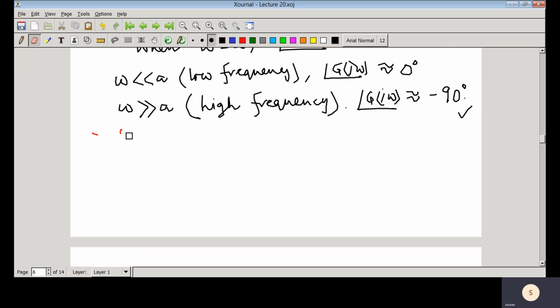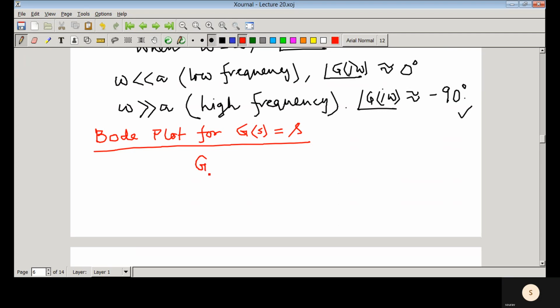What would be the Bode plot for G(s) equal to s? The first step is G(j omega), because at steady state that would be j omega.